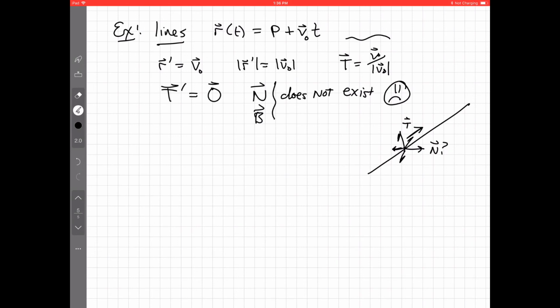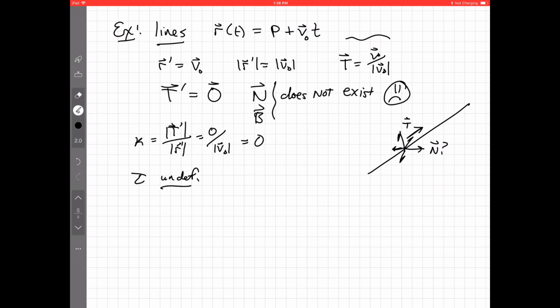All right. How about, we'll go ahead and compute curvature while we're here, right? So curvature is the length of t prime over the length of r prime. And that's 0 over the length of... Oh, the curvature of a line is 0. Not surprising. Torsion is undefined, right?